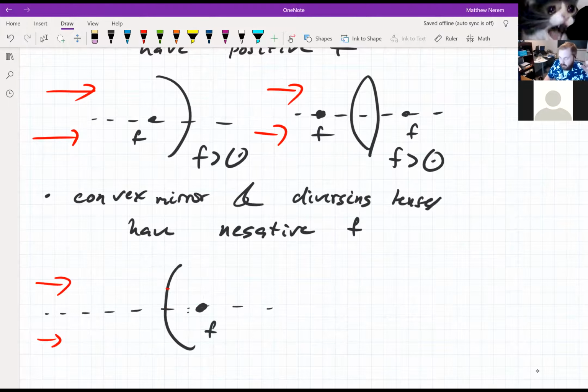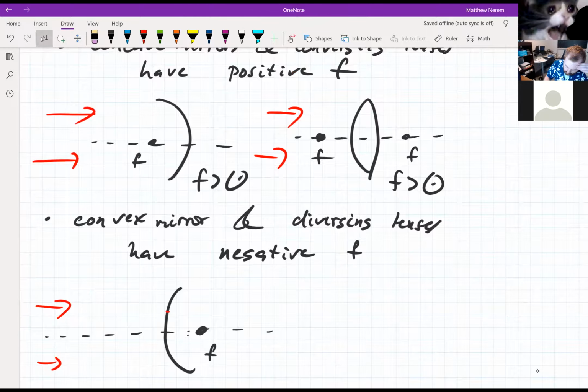Can you repeat the question? I thought, okay, so you say that the convex lens is the diverging, convex and diverging are the same? Not the same. They have negative focal lengths. Well, but they go together is what I mean.